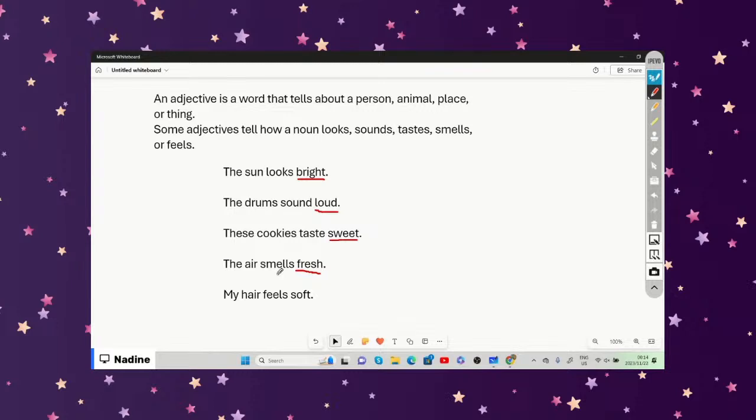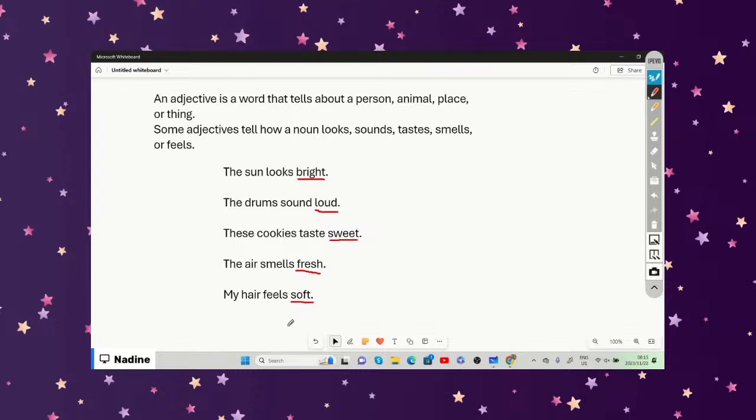And then my hair feels soft. My hair feels soft. And how can we describe the hair? Then we would say soft. Yeah, beautiful. Soft is correct.